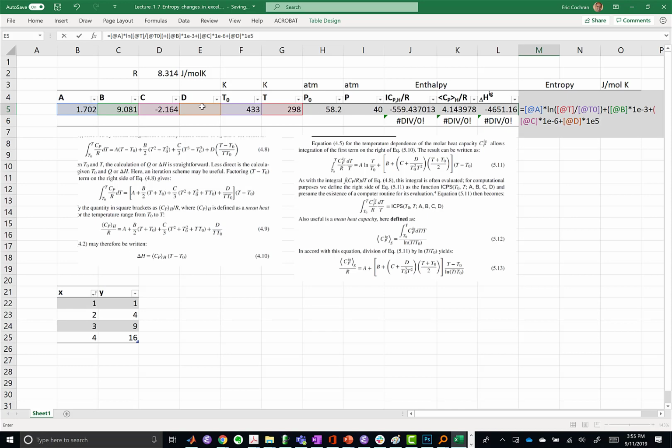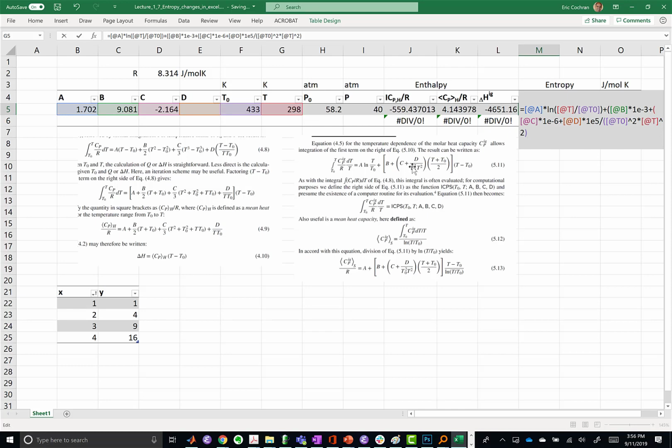All right, so I am right up to here in the equation. So now I need to divide by the product of T0 squared times T squared.